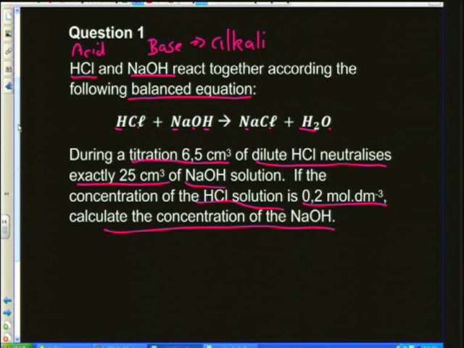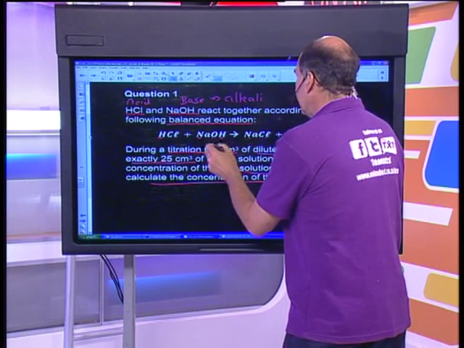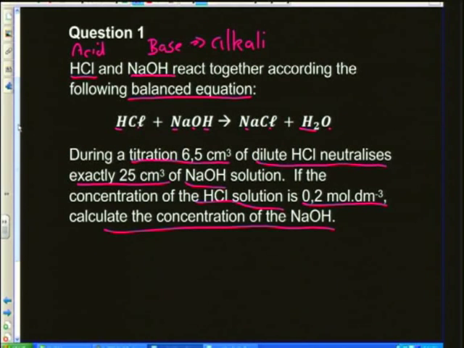Now a titration is simply a chemical process where you take a drop at a time. You've got your base and you add to it your acid. In this case, it says during a titration, 6,5 centimeters cubed of dilute acid neutralized exactly 25 centimeters cubed of the base.